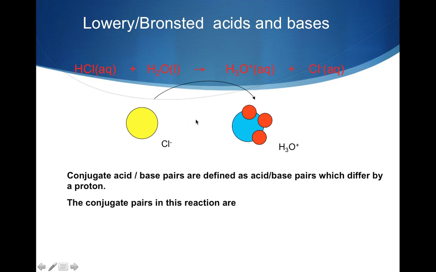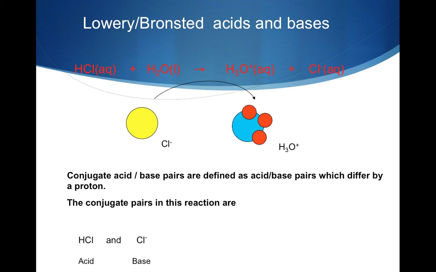Okay, so this is our acid, this is our base, and from our acid, we make its conjugate base, which is chloride. Okay, they differ by just one H+. From the water, which is our base, we make this thing here, which is called the hydronium ion, H3O+.